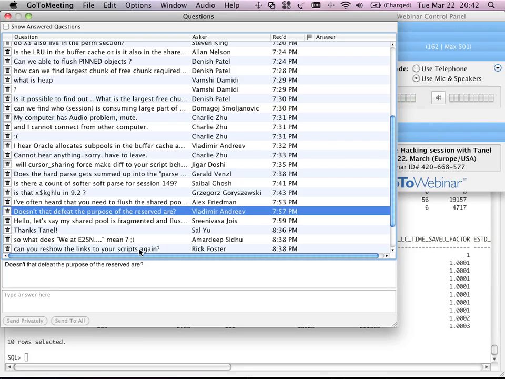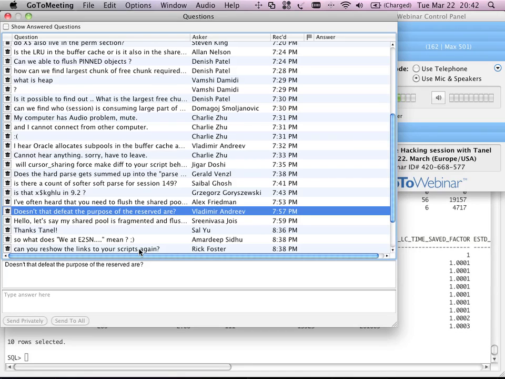So one question about the reserved area. I mentioned that if the allocation size is small, let's say it's 3 kilobytes, and you don't find space from the main shared pool area, it's not going to try to allocate these 3 kilobytes from the reserved area, because then it would mess up the reserved area even more.